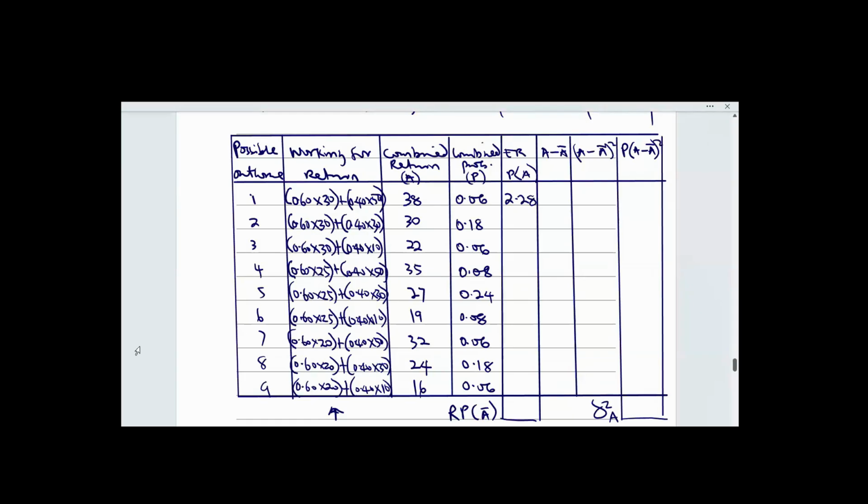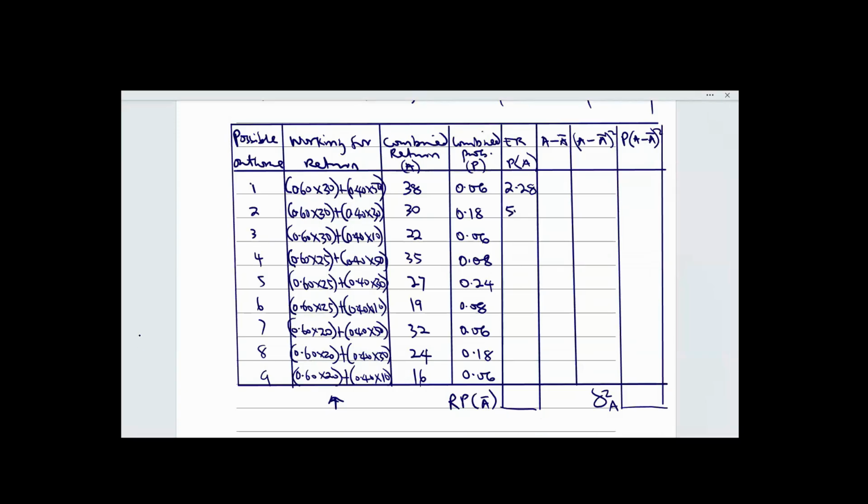What do you have? 5.4. The next one, 22 multiplied by 0.06, 1.32. Then the next one, 35 multiplied by 0.08.